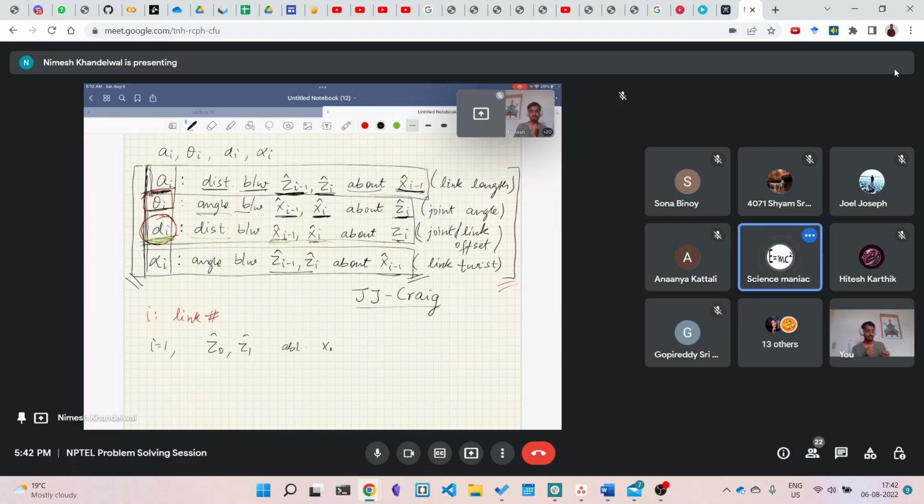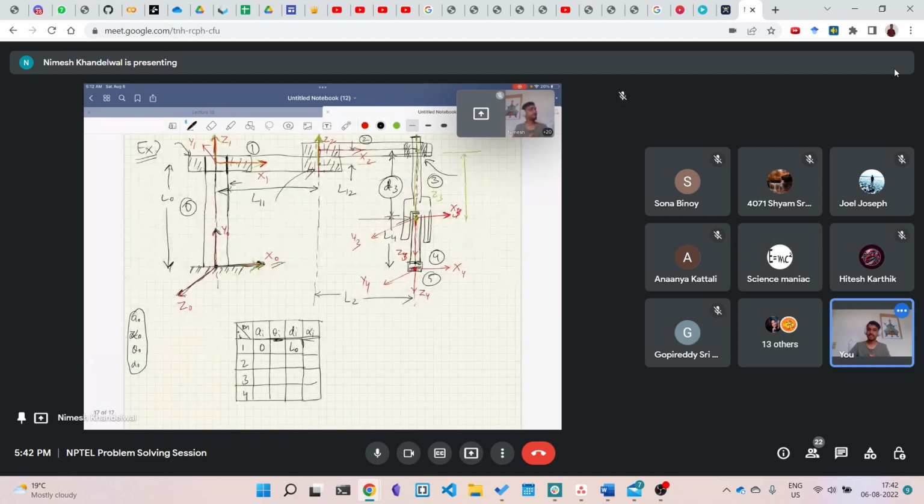Sir, it's 0. It will not be 0, and why it will not be 0 is because I've told you that this z1 is the axis of rotation. Now assume that link 1 starts to rotate about this axis z1.